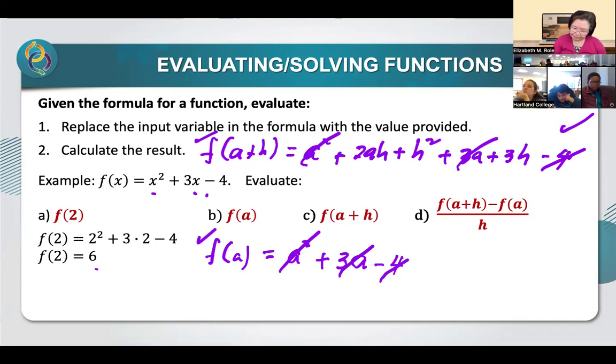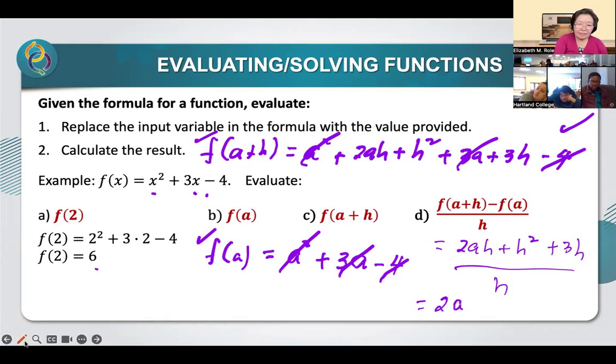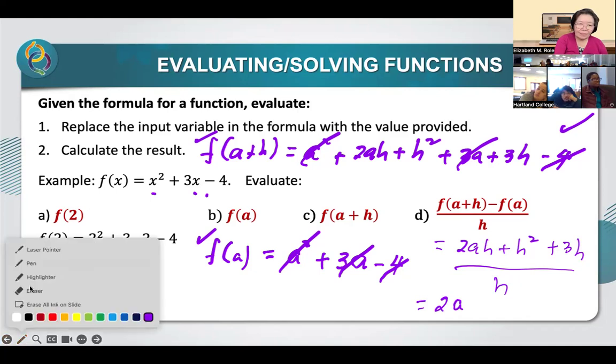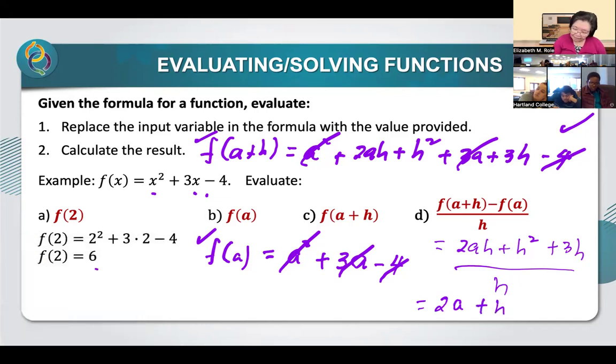And then you take out one factor, which is h. So you now have h squared plus 2ah plus 3h over h, but h is common. So finally you'll have h times h plus 2a plus 3, divided by h, so h plus 2a plus 3. Yes, divide everything by h.